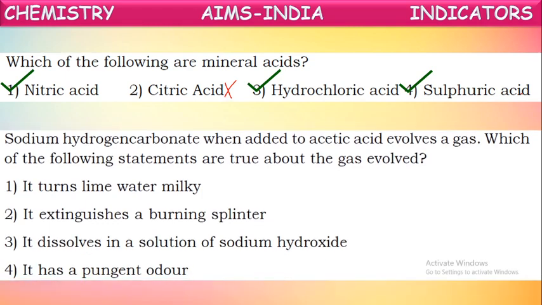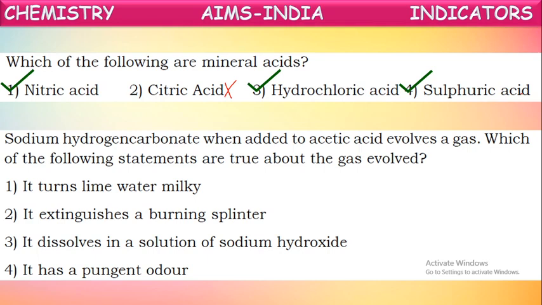Sodium hydrogen carbonate or sodium bicarbonate, when added to acetic acid, evolves a gas. Which of the following statements are true about the gas evolved? So when sodium hydrogen carbonate reacts with acetic acid, sodium hydrogen carbonate is one of the basic substances.